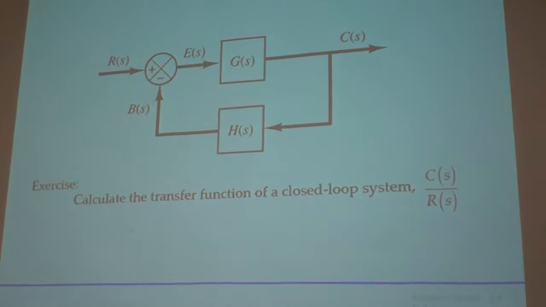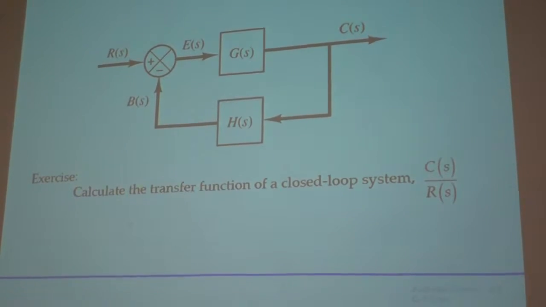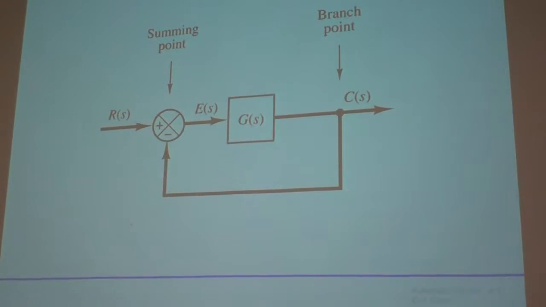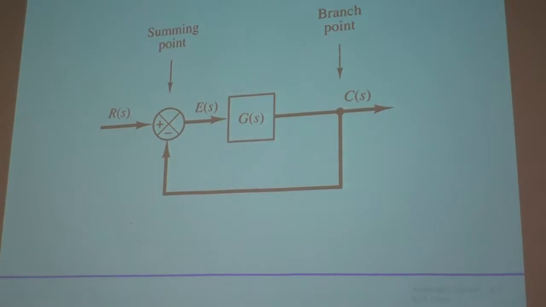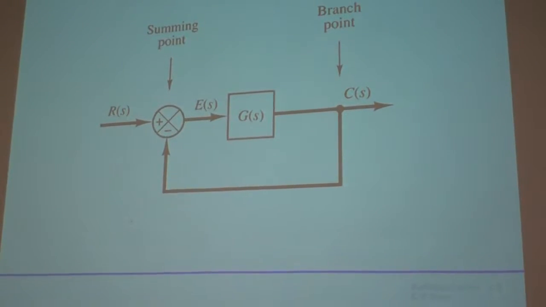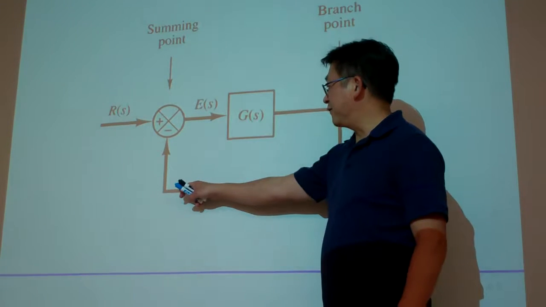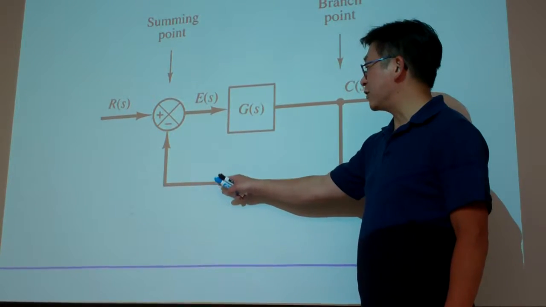And for this one, the difference from the previous one, if you look at these two diagrams carefully, let me compare this one and this one. What is different? This is the one we call the unit feedback control system, because in the feedback loop, in the feedback path, we have the function gain.